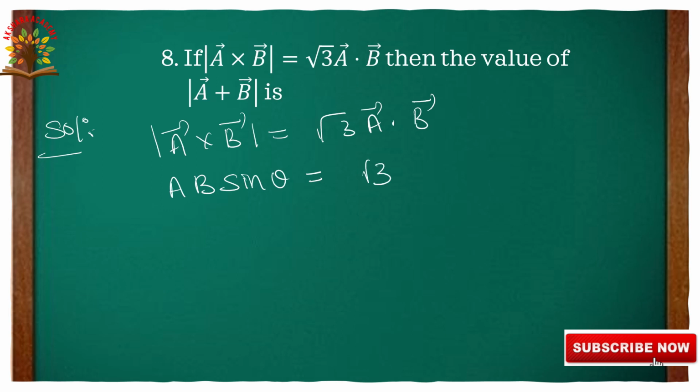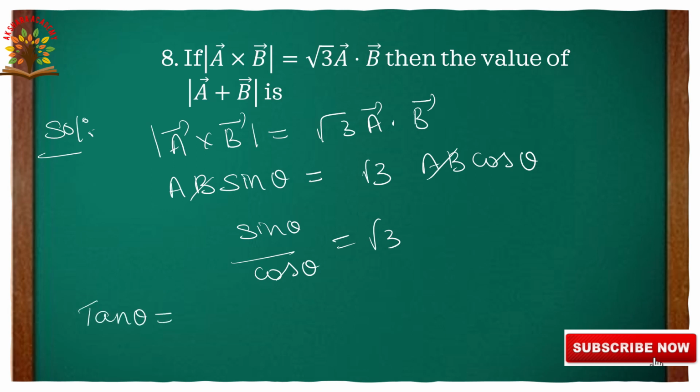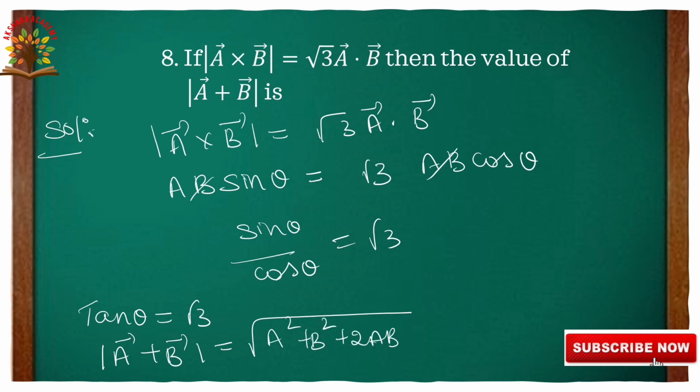So ab gets cancelled, sin theta by cos theta is equal to root 3, so tan theta is equal to root 3. Now we are finding modulus of a bar plus b bar, which is equal to square root of a square plus b square plus 2ab cos theta.